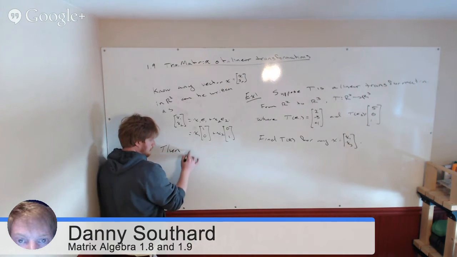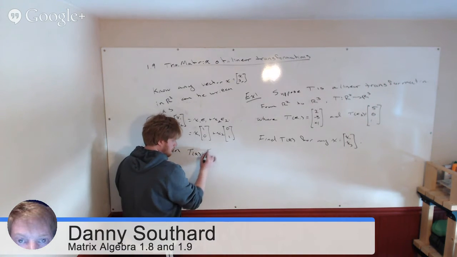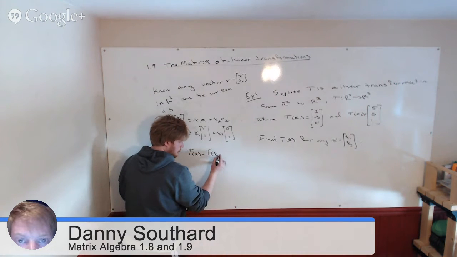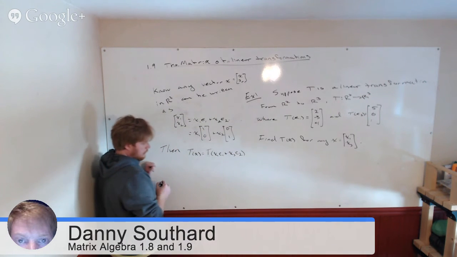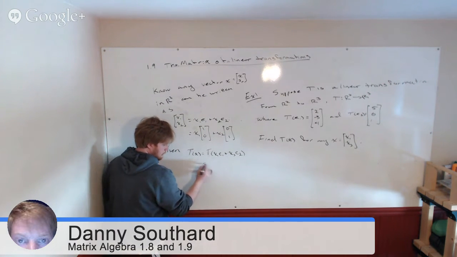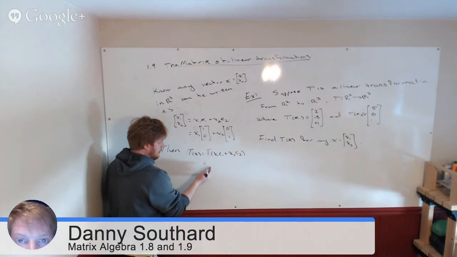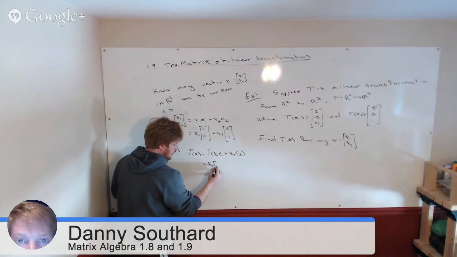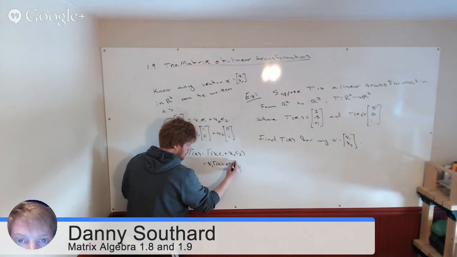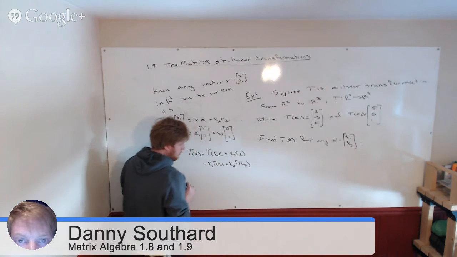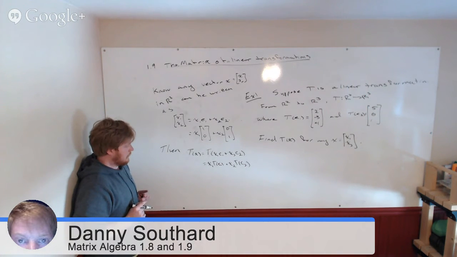Then we could say that T of x is equal to this, which, since we know this is a linear transformation, addition must be preserved, is the same as x1 times T of e1 plus x2 times T of e2. Well, we know how those behave, right?